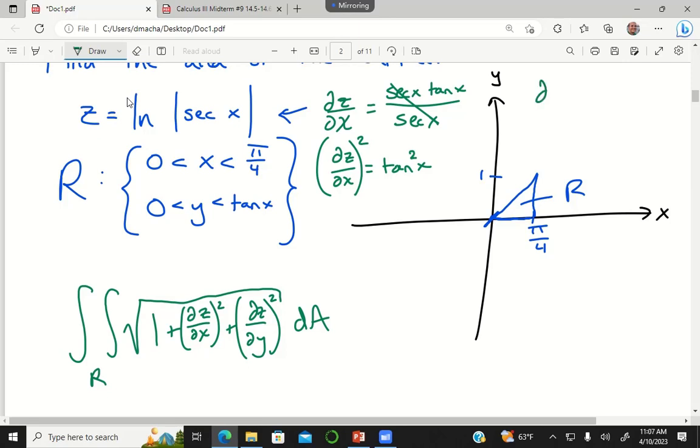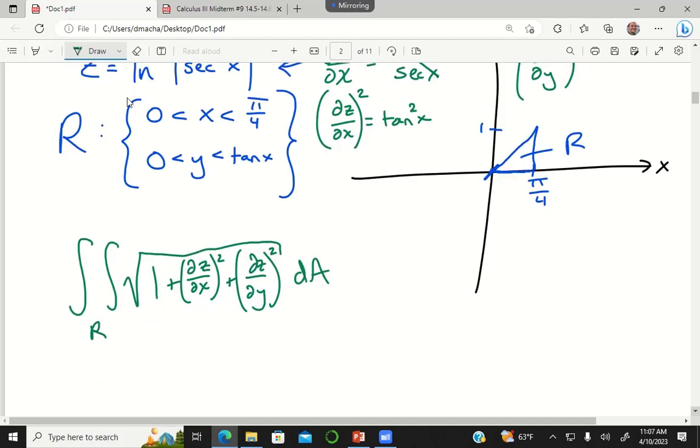Okay, then obviously the partial with respect to y is what? 0. So if I square it, it's still 0. So back down here to my double integral formula, we'll take a double integral of square root of 1 plus tangent squared x. And the order of integration I'm going to choose is dy dx.